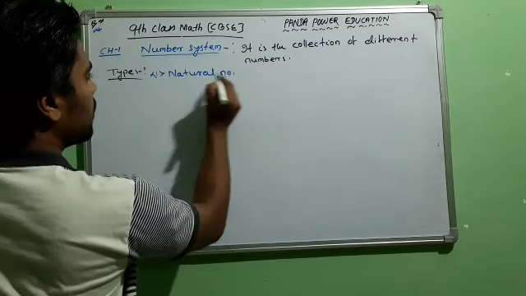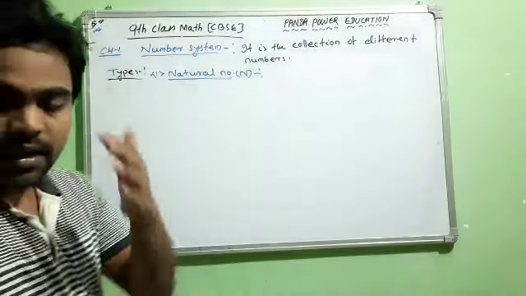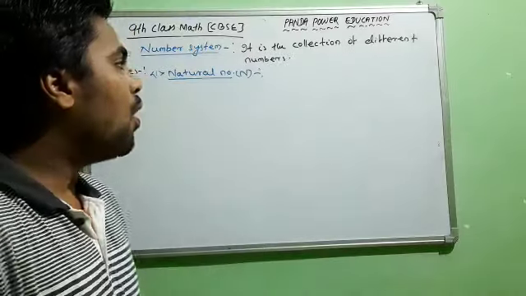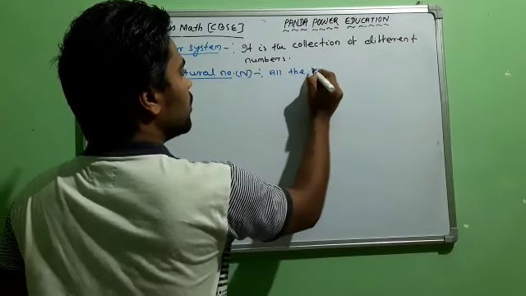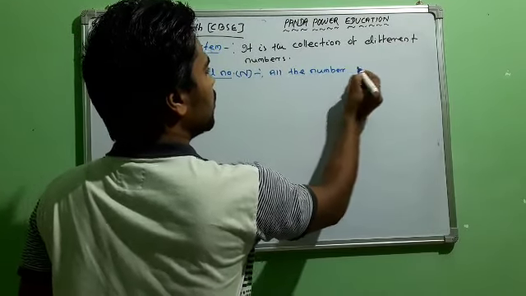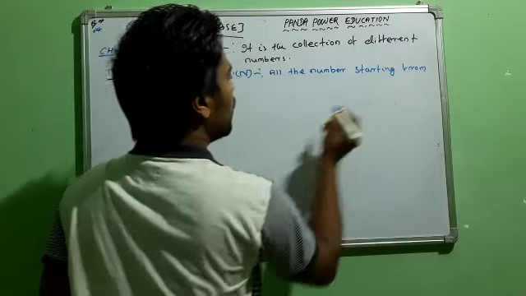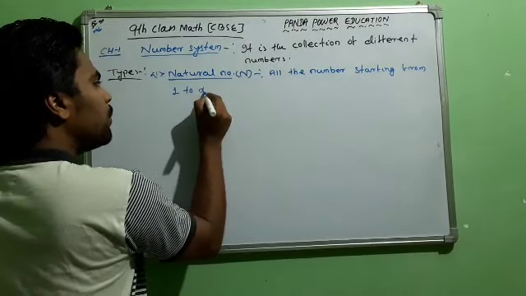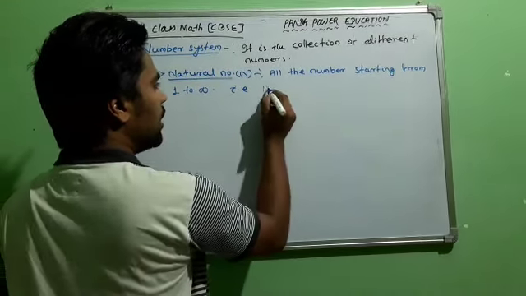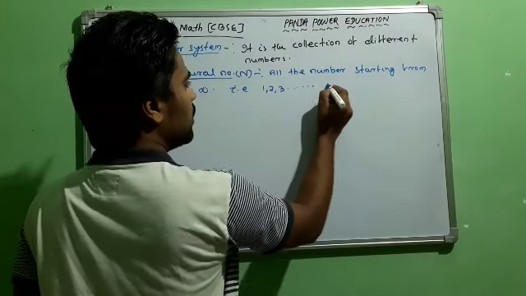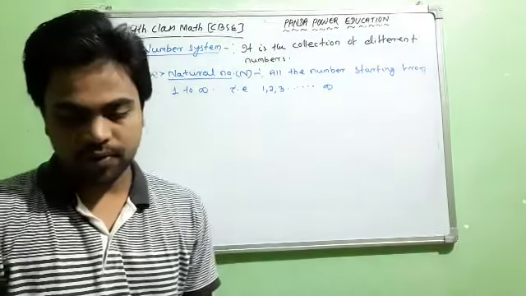It is denoted as capital N. Write down what a natural number is: all the numbers starting from 1 to infinity, that is 1, 2, 3, and so on. Those are called natural numbers.